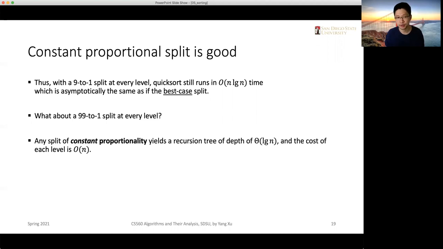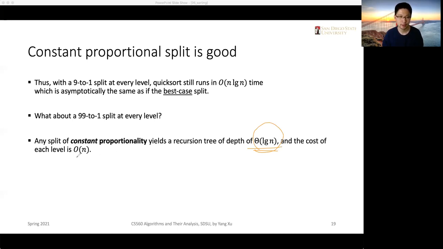That is still a constant proportional split. Basically, any split of constant proportion will have a recursion tree like this, even though it is not a perfectly balanced tree. It can be right skewed or left skewed, but we can still use logarithm of n as the estimation for the total running time.